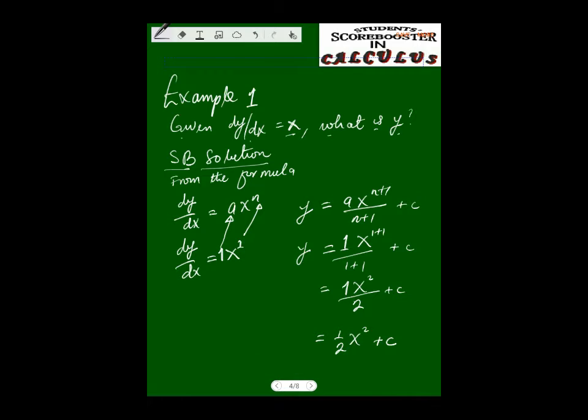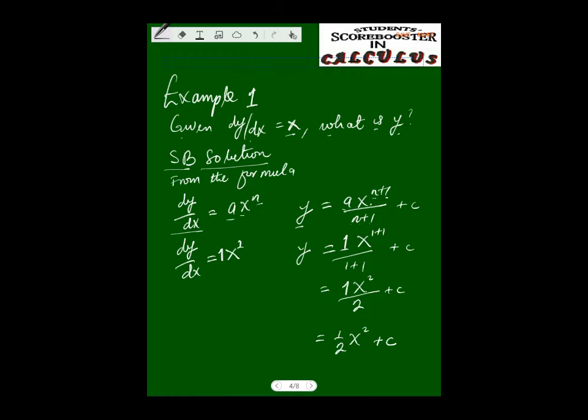So I will start by writing the formula. If dy/dx is equal to ax raised to power n, y is equal to ax raised to power n plus 1 over n plus 1, then plus c.